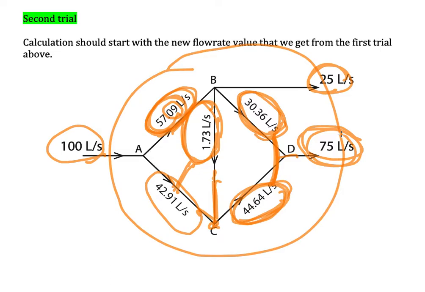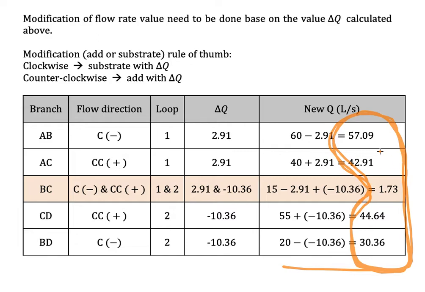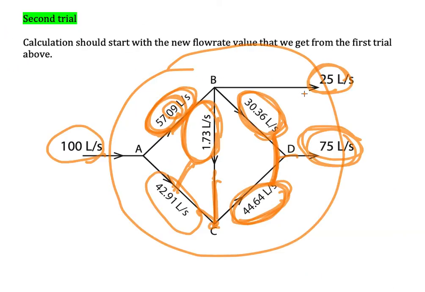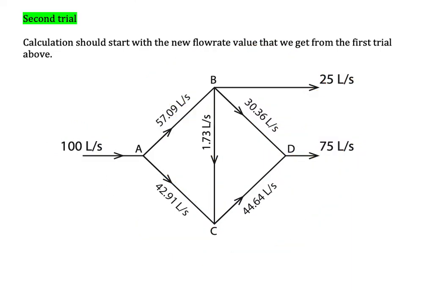So please make sure first that your flow distribution is balanced. For example, in this calculation, maybe you are not very careful, so your answer is in 3 decimal places and another one is in 2 decimal places. That means at this stage you cannot balance the flow, so you need to change it manually.